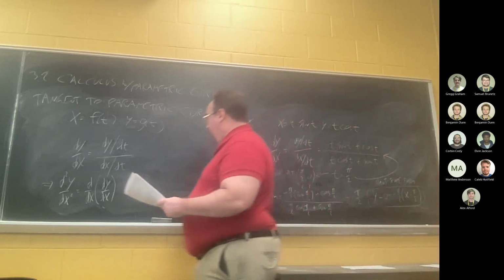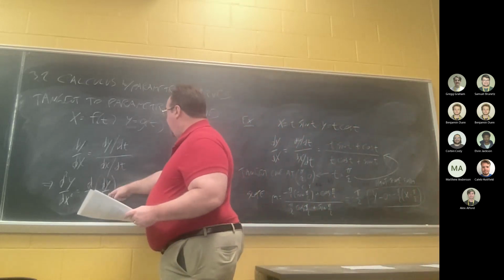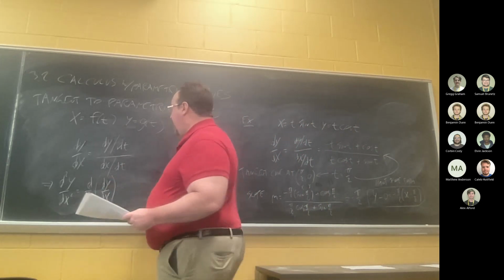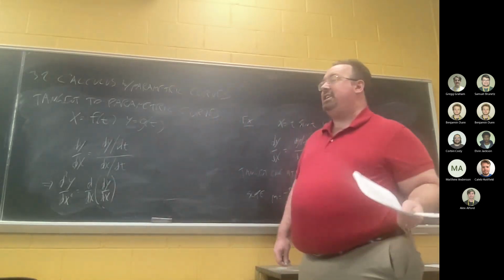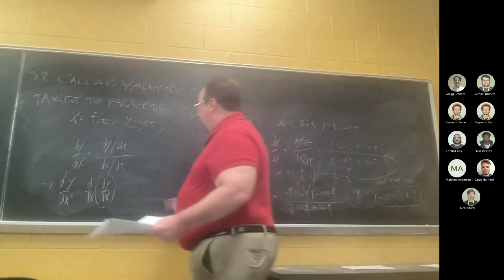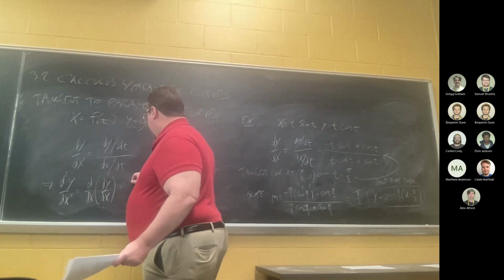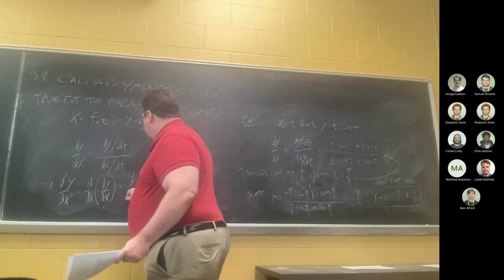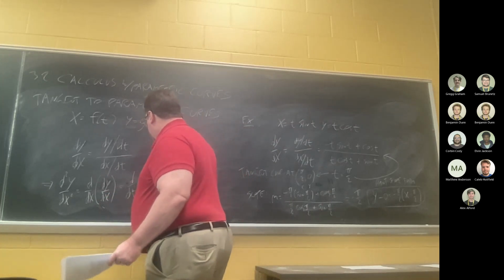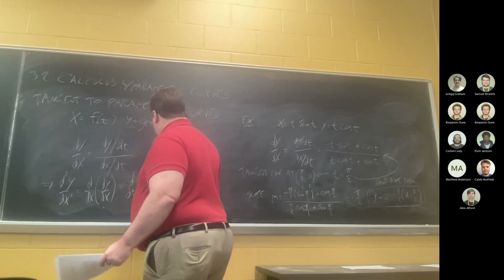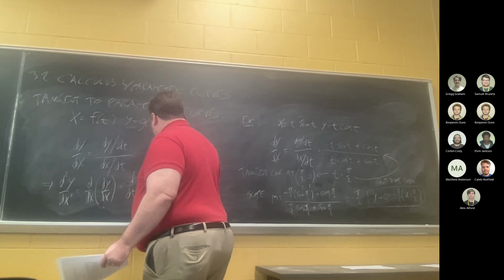Now, if I compute dy/dx using this formula, I have dy/dx as a function of t. But now I want to differentiate with respect to x. So I can think of this in terms of differentiating with respect to t, and then I multiply that by dt/dx.